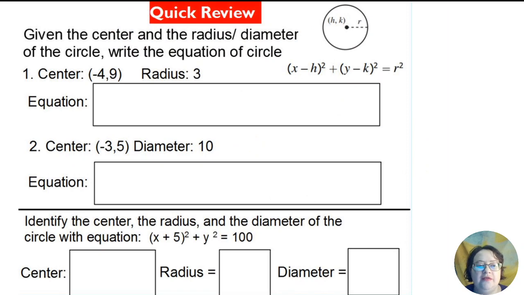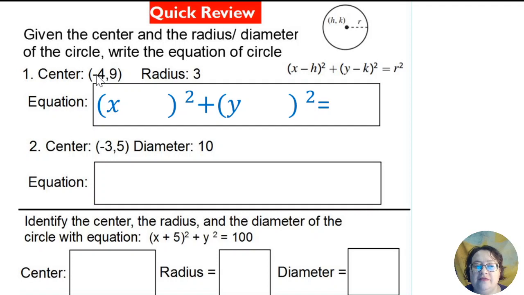So just a quick review. If we have our center and our radius, to write the equation, we can write out the bare bones of our equation first. We leave a space beside x in parentheses squared, and we leave a space beside y inside parentheses squared. Then we take our center and flip the sign.